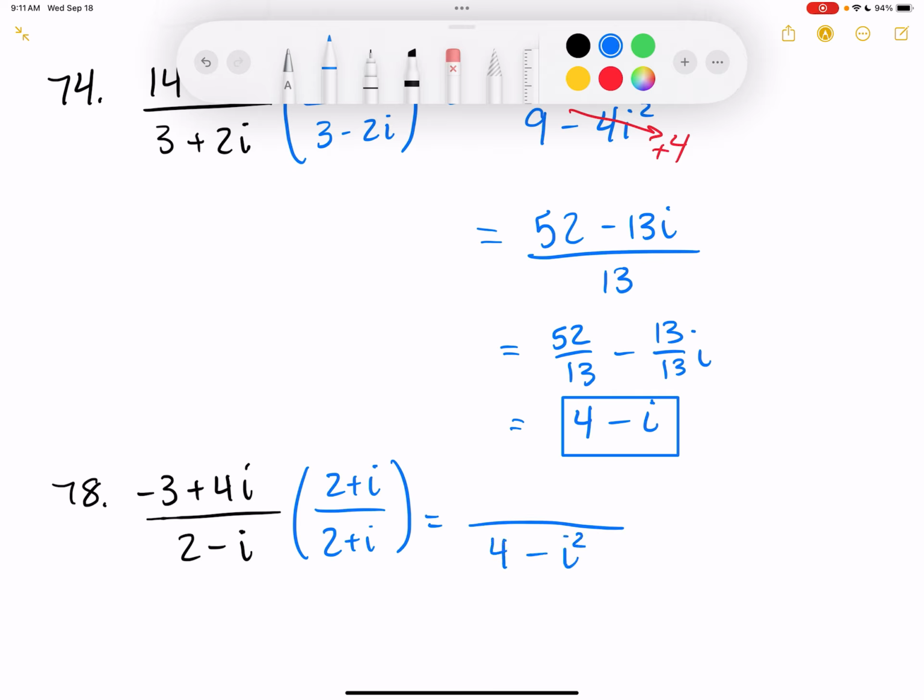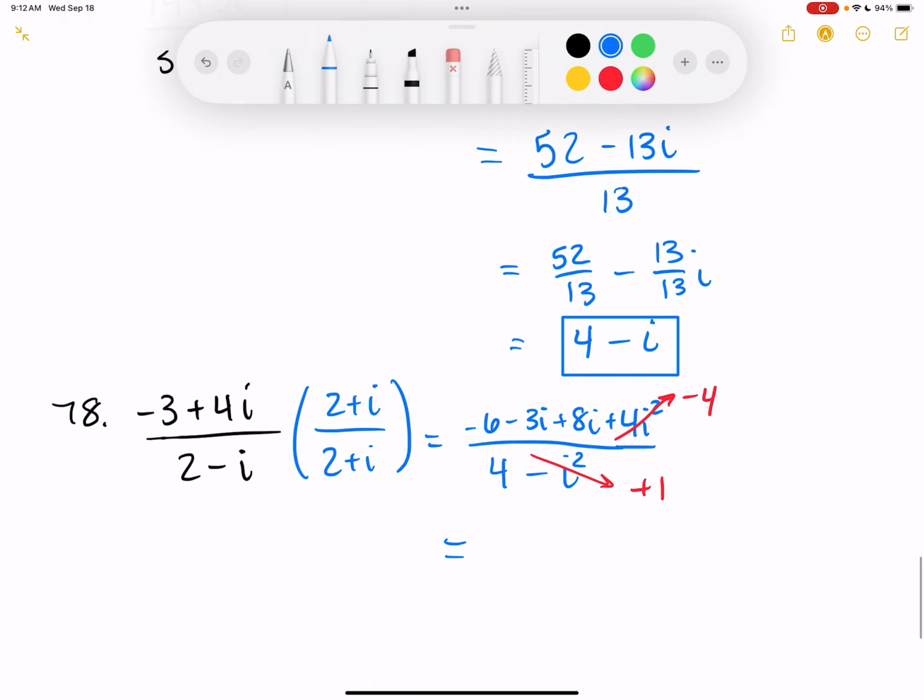On top, I FOIL. -3 times 2 is -6. -3 times i is -3i. 4i times 2 is 8i. 4i times i is 4i squared, which is going to become -4. On the bottom, this negative i squared is going to become +1.